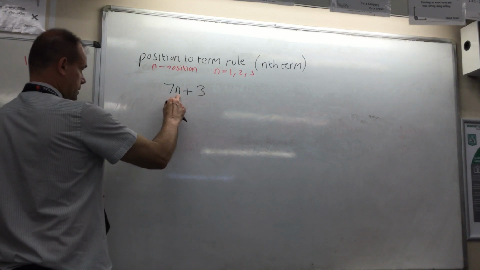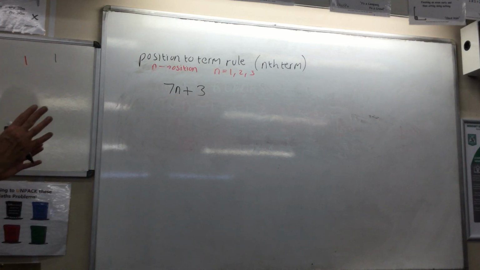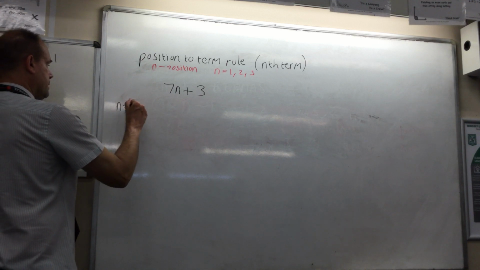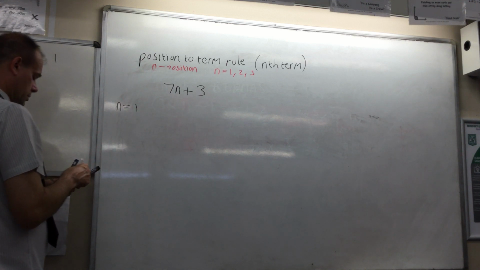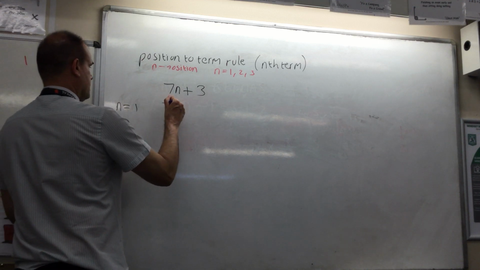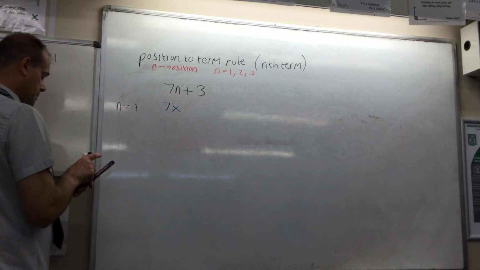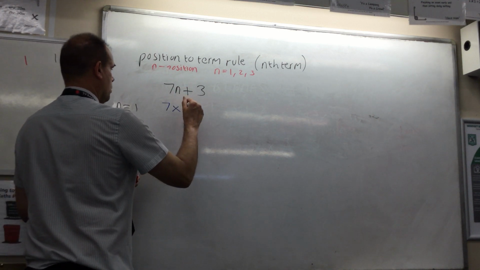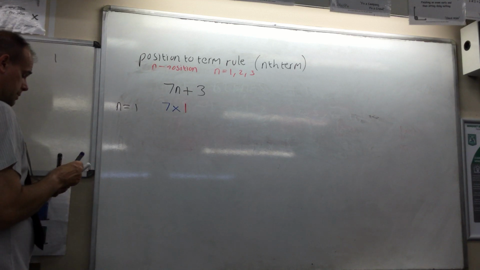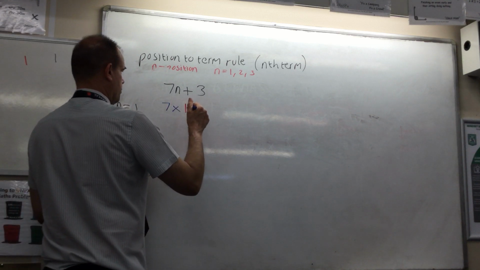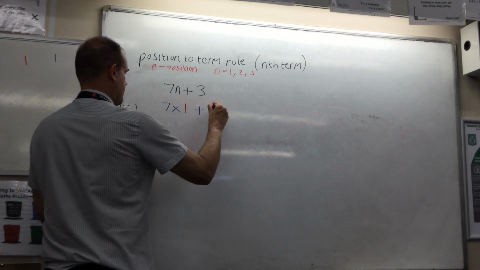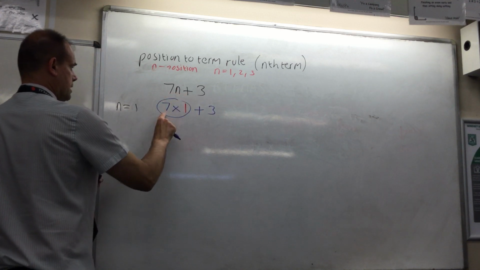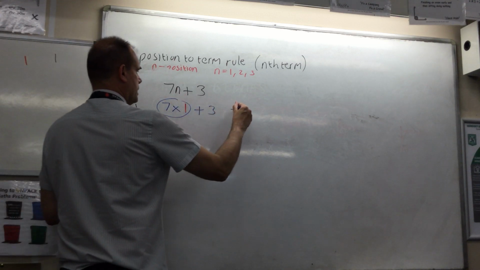So you put the position in, and it works out the term at that position. So you put n equals 1 in, that will work out the term at position 1. So you go 7 times n, replace it by 1, add on 3. Do the times first, so 7 times 1 is 7, add 3 is 10, that's the first term.